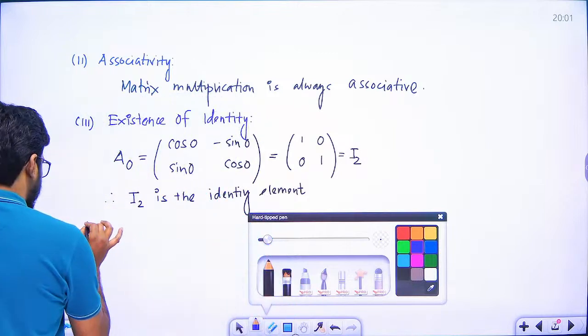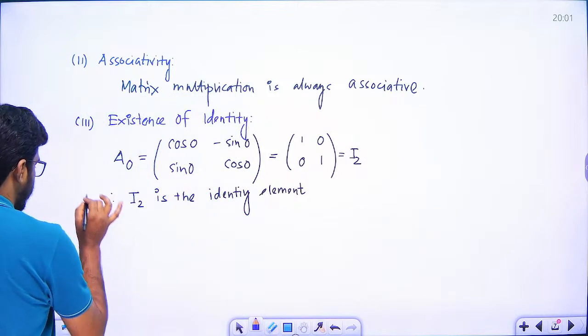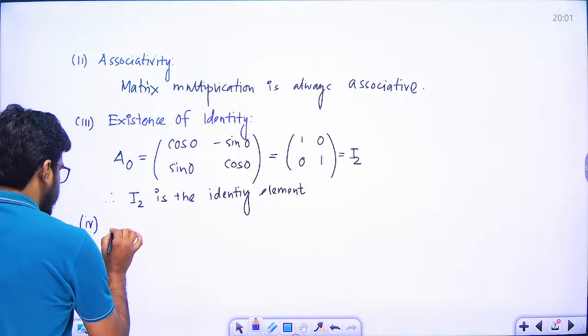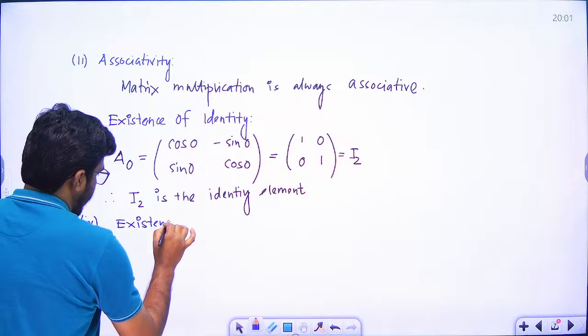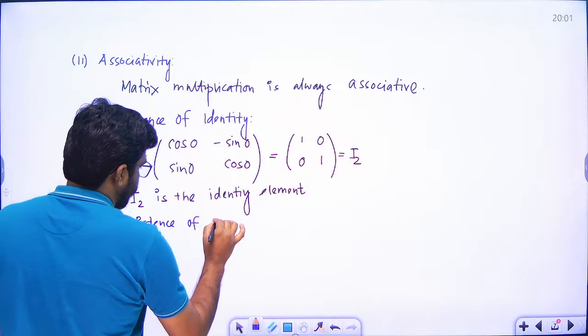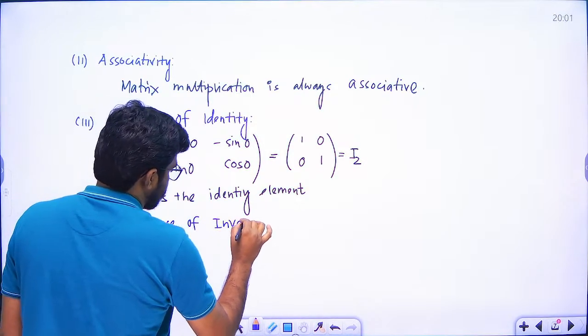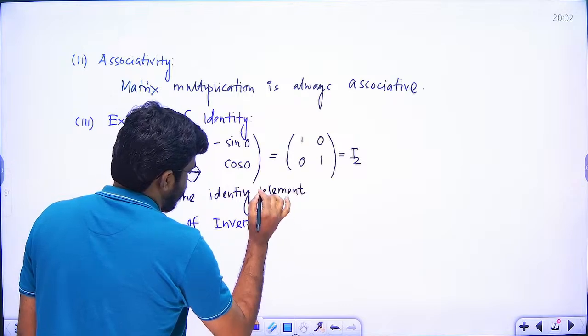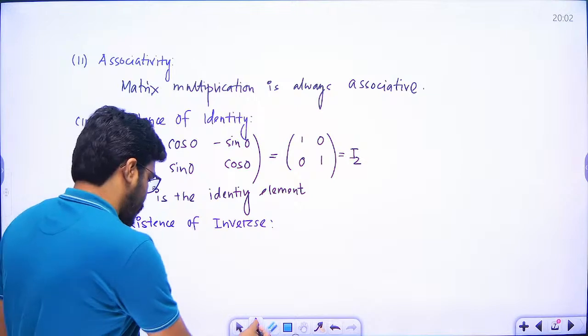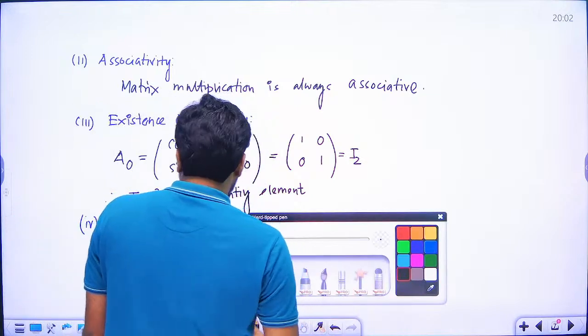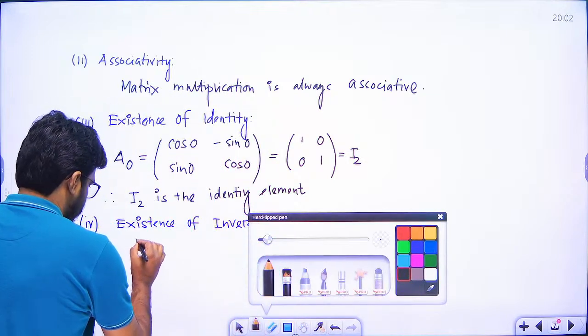Okay, next number 4, existence of inverse. Here what is A n?